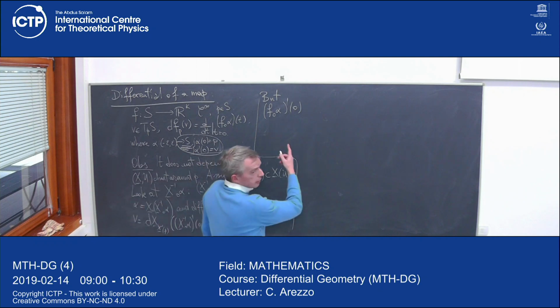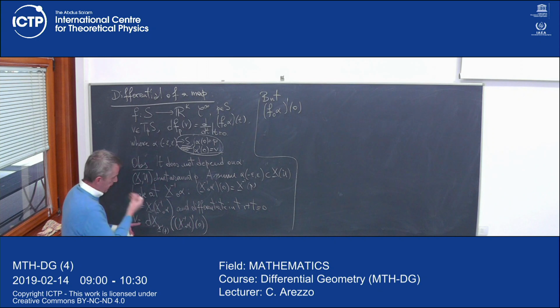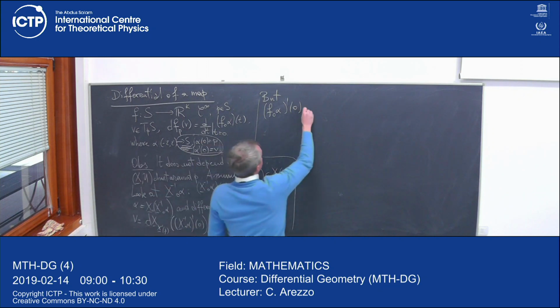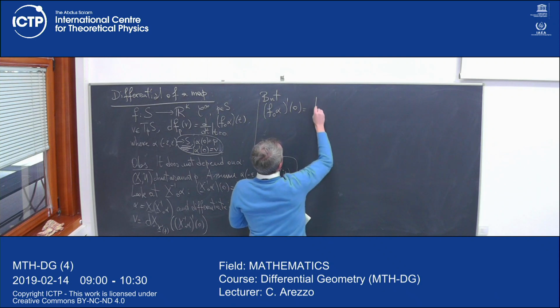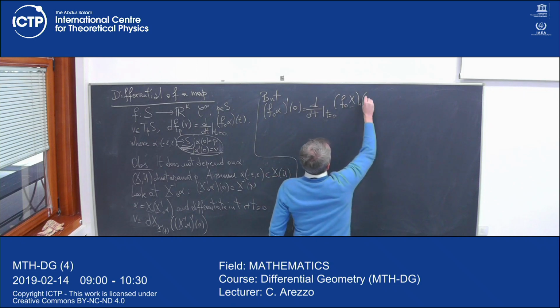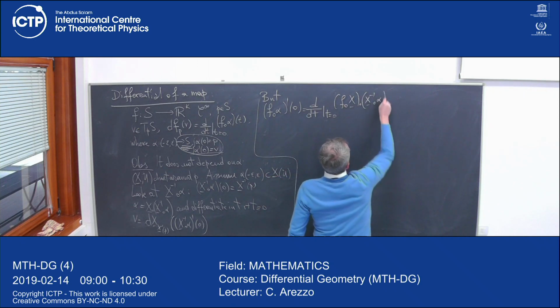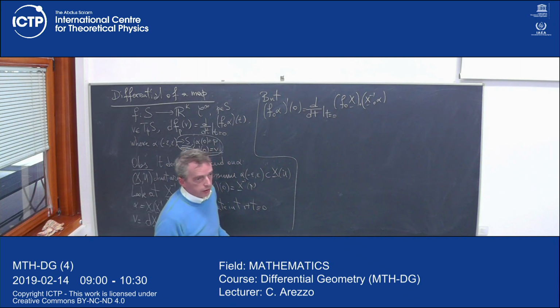Well, here again, if I want to put this object into the game, the only thing to do is this stupid F composed, it's d in dt at t equal to 0 of F composed X composed X inverse composed alpha. Okay? Doesn't change anything, of course. And now, again, don't be scared. What is this?